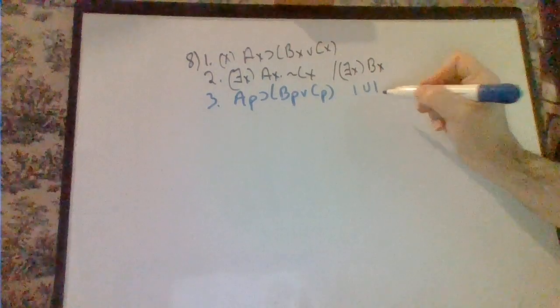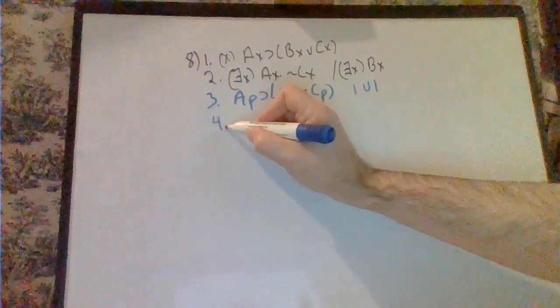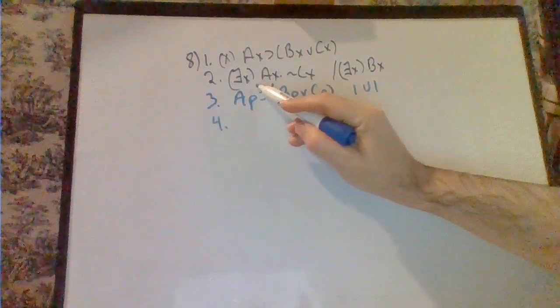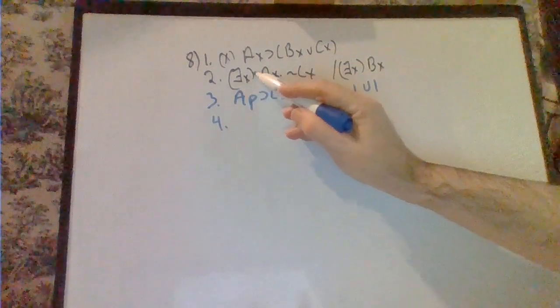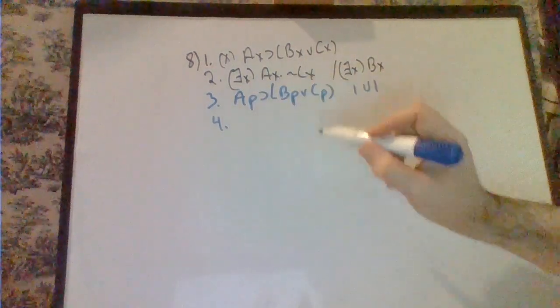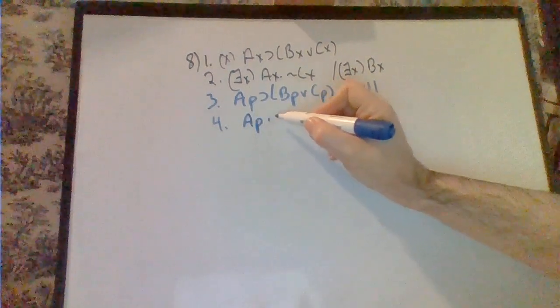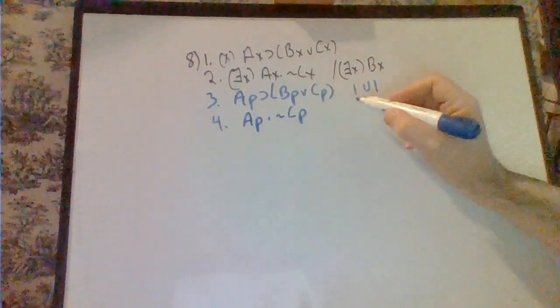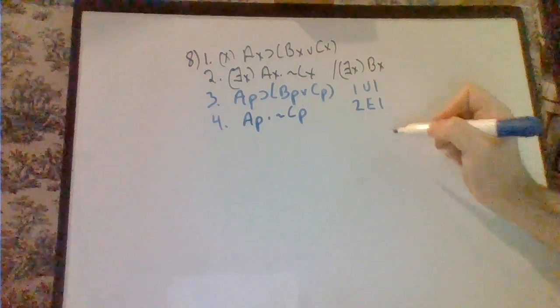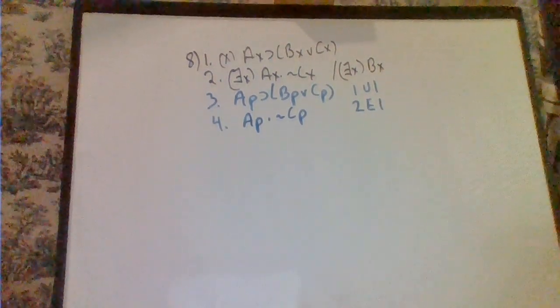So line 1, universal instantiation. And then on line 2, we'll do an existential instantiation. We'll get rid of the quantifier and replace the x with, in this case, the p. So AP and not CP. Line 2, existential instantiation. And now we just go on and solve it.